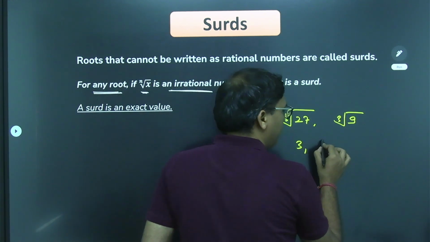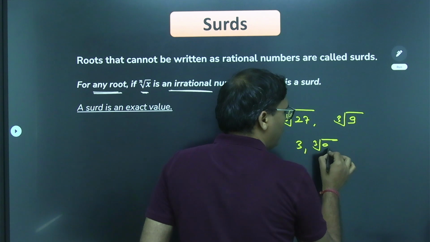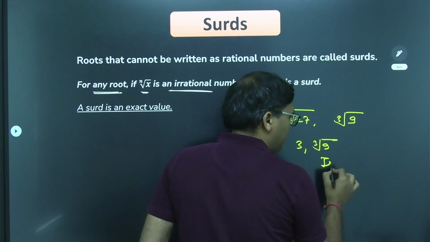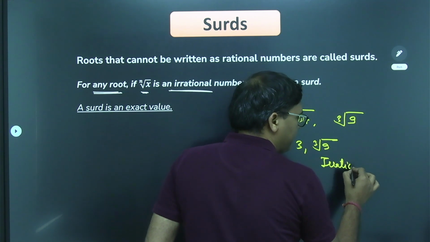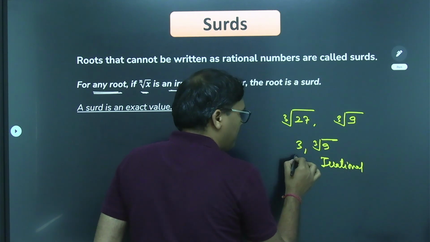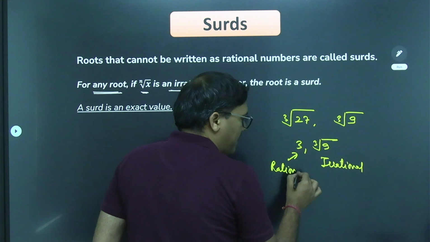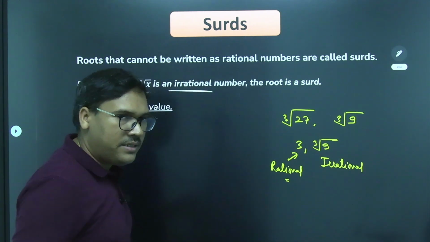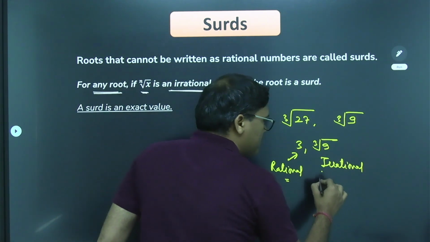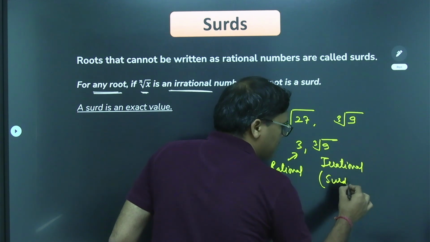But the cube root of 9 I cannot simplify further. So, this is an irrational number, while the other simplifies to a rational number. So, you can say this number is a surd.